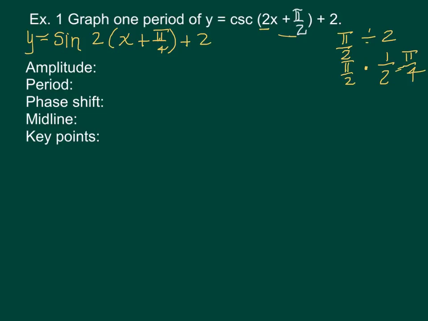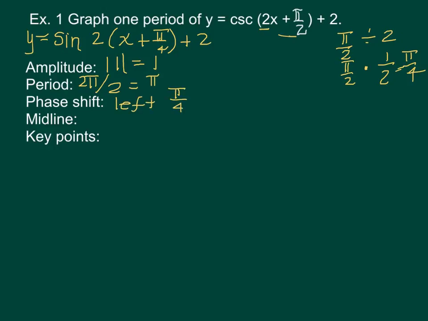So for the sine graph, your amplitude would be the absolute value of A, which is 1. Your period is 2 pi over B, and B is 2. So your period is just going to be pi. Your phase shift, we're moving left, pi over 4.